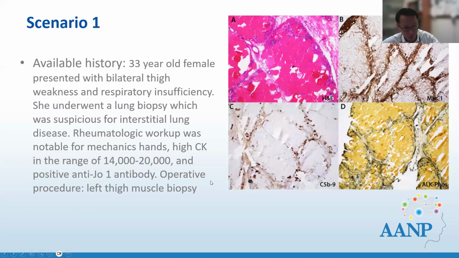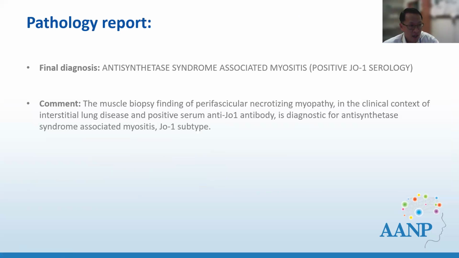So this is a case where every piece of the puzzle is there. So we can have a very definitive diagnosis as antisynthetase syndrome associated myositis, given the positive antibody there, giving the subtype basically, and a short comment saying that the muscle pathology findings of perivascular necrotizing myopathy in the clinical context of interstitial lung disease and positive Jo1 antibody is diagnostic for antisynthetase syndrome.